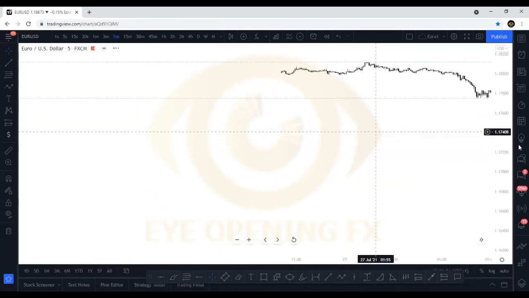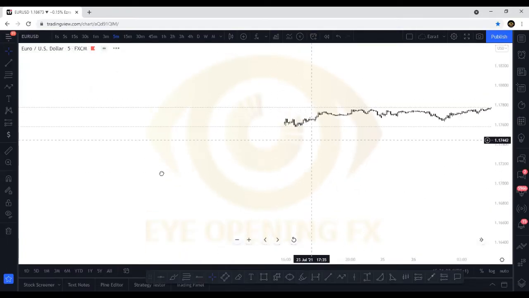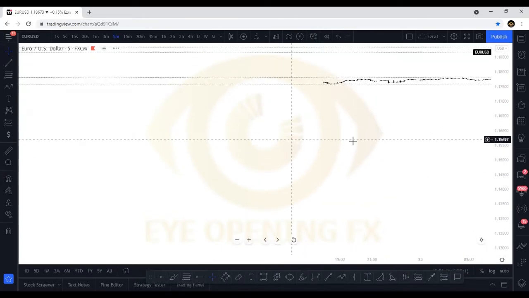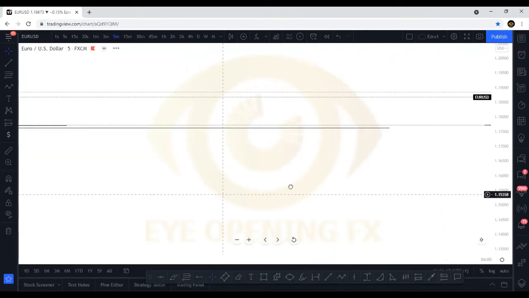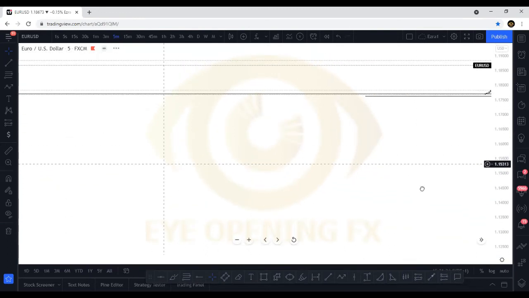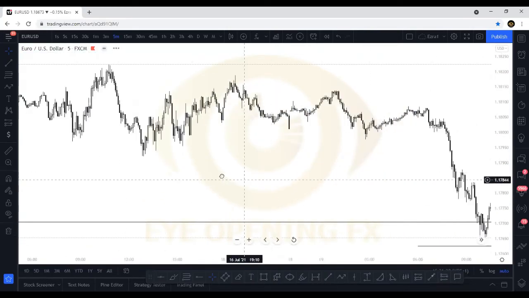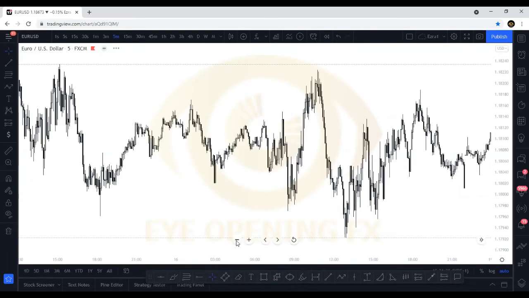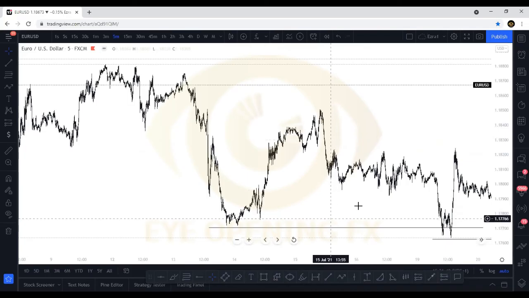Now on this time frame, we notice that formerly we are on downtrend.